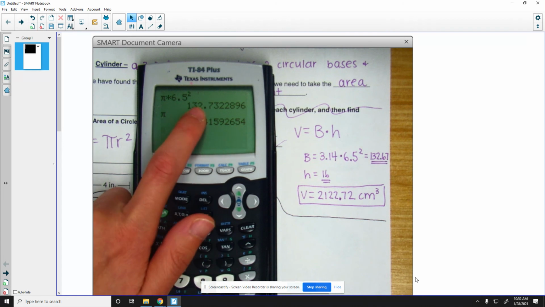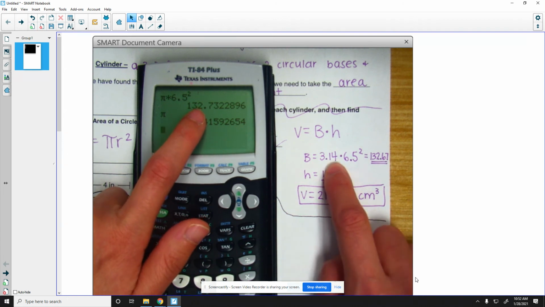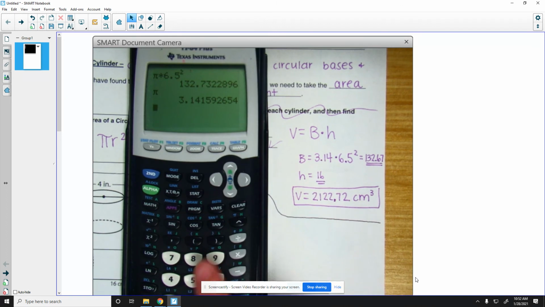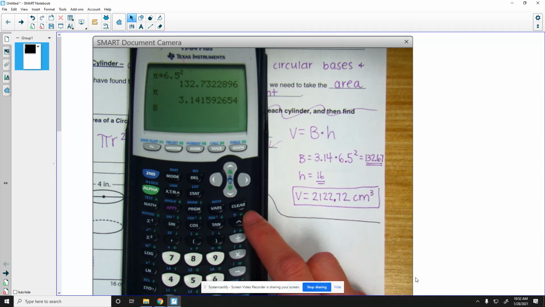So why, if this is the better answer, are we using the worse answer? The reason is because the STAAR is going to ask you to use 3.14. It's not going to ask you to use pi. Why is the STAAR asking you to use the worse answer? Because not all kids in the state of Texas, when they take the STAAR, have a calculator that has a pi symbol. So they don't want to say use a pi symbol, because not all the kids can.